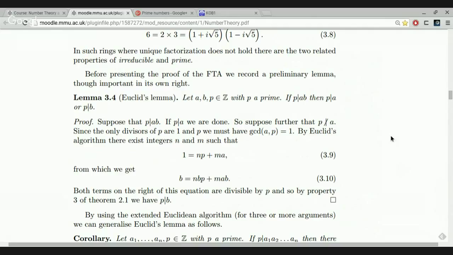One way of thinking of this is, if a prime divides a times b, it has to divide one of them because we can factorize a into primes and we can factorize b into primes. But you can't factorize p because p is a prime number, so you can't split it apart and put part of p in a and part of p in b.